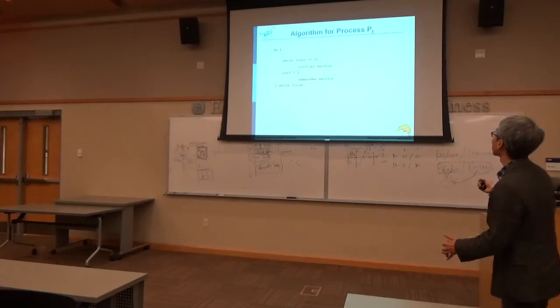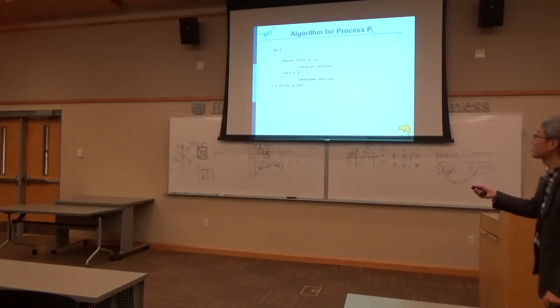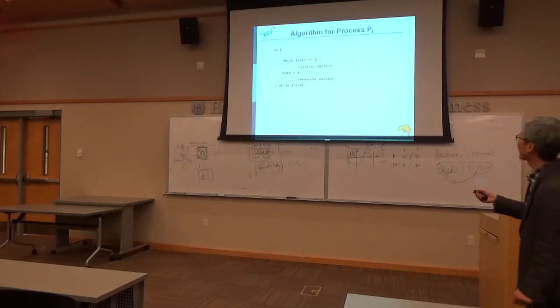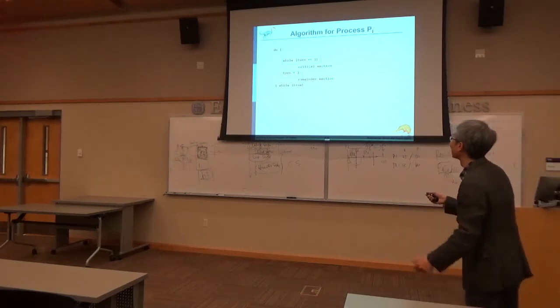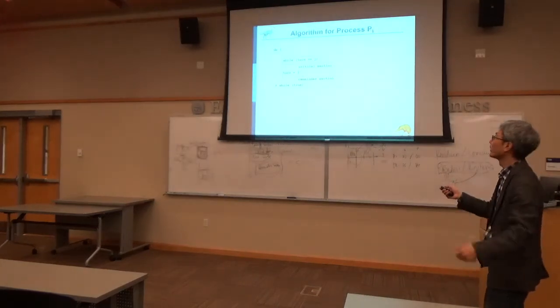But if the process j returns the key, which means turn is not j, this is false, right? Then false means go outside the while loop, then access the critical section. Once this is done, this process i returns the key to j.